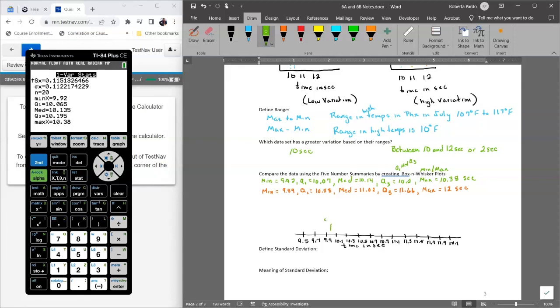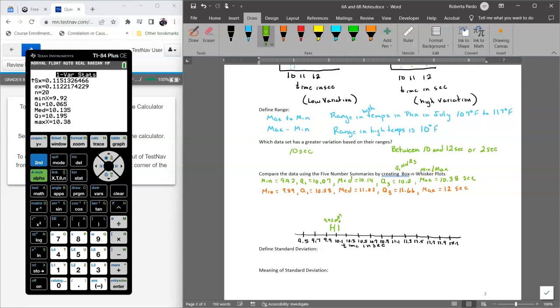And we're going to label it 9.92 so that we know. And then 10.07 is about right here. So this is the beginning of our whisker, the beginning of our box. And again, we're going to label this 10.07 so we know what those values are. And then 10.14, so that's just beyond.